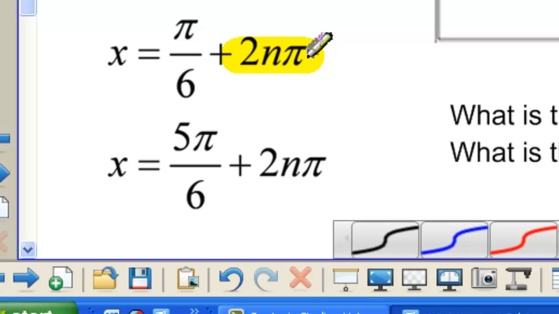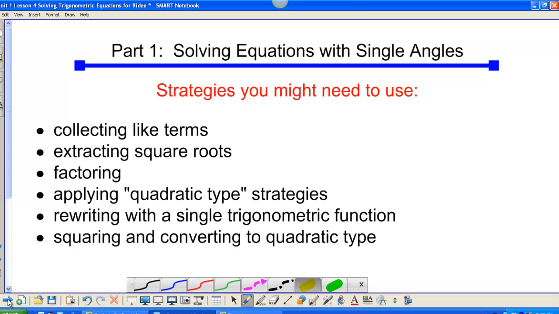That is saying every multiple of 2 pi added to pi over 6 will work. All the coterminal angles to pi over 6. Also 5 pi over 6 plus 2n pi will also work, again the 2n pi denoting all of the angles coterminal to 5 pi over 6.